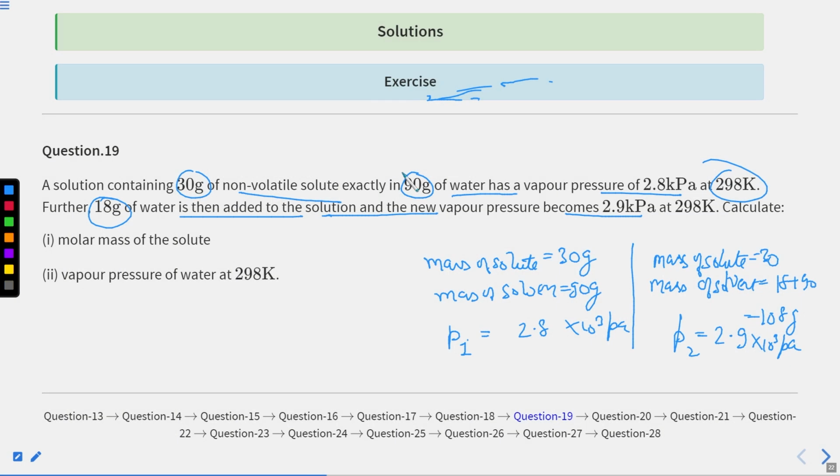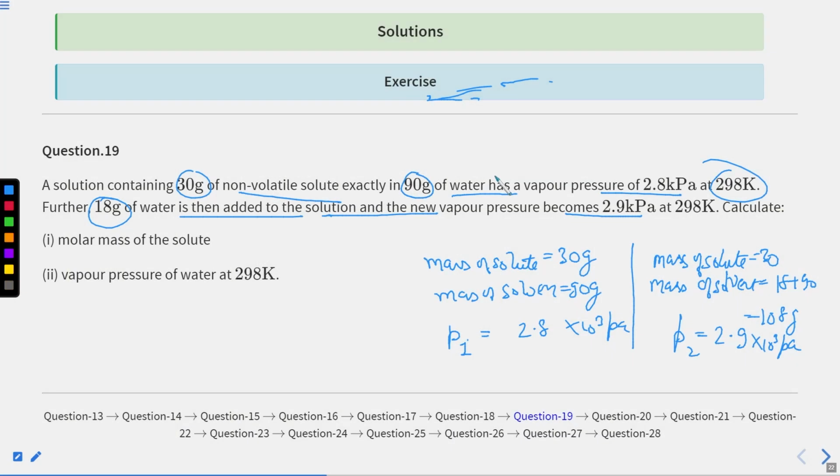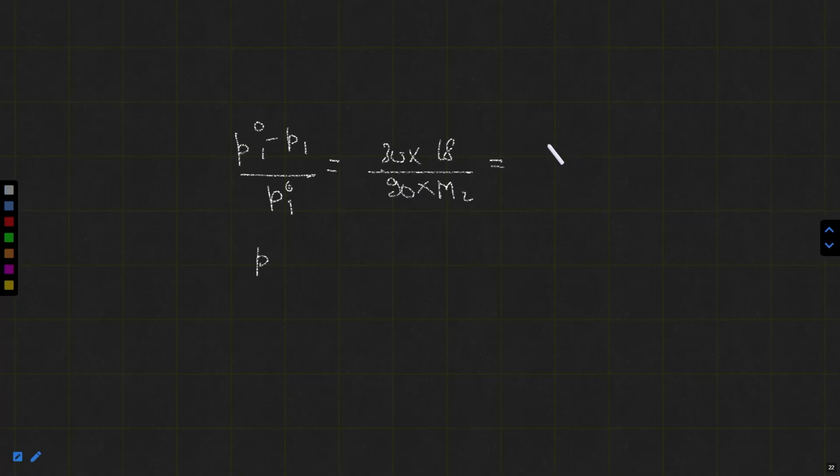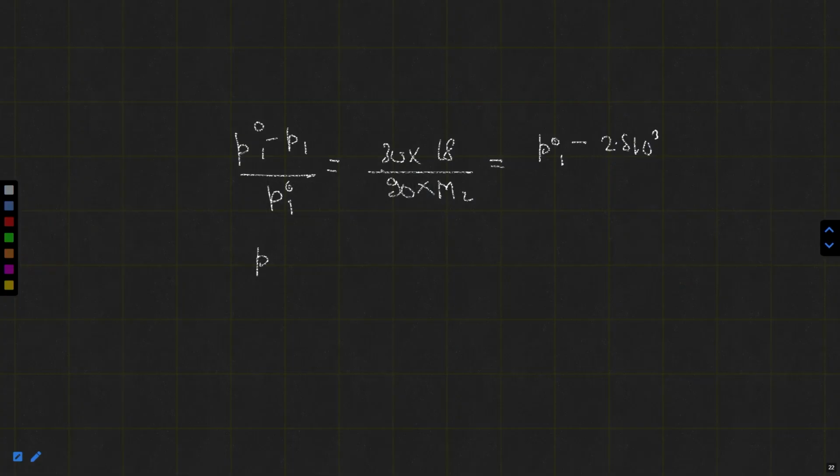We know the mass of the solute, it is 30 into 18 in the first case, and that is equal to P01 minus 2.8 into 10 to the power 3 divided by P01.